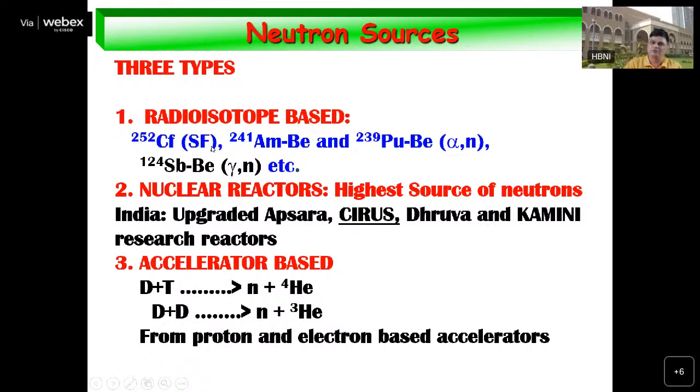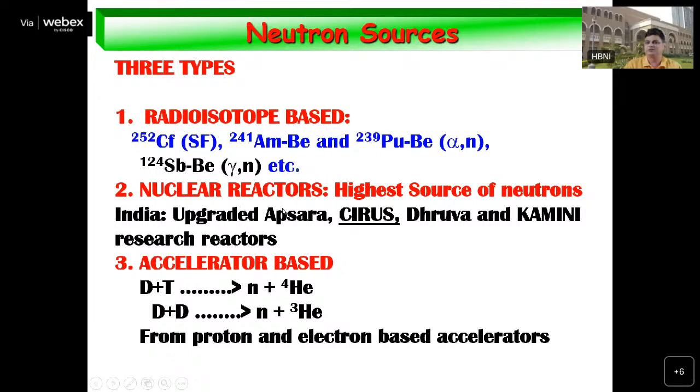But the problem with these sources is that flux is an issue. Here the flux is not more than 10 to the power 6 neutrons per square centimeter per second, whereas in a nuclear reactor we have a flux of about 10 to the power 12, and there you can get other major information.